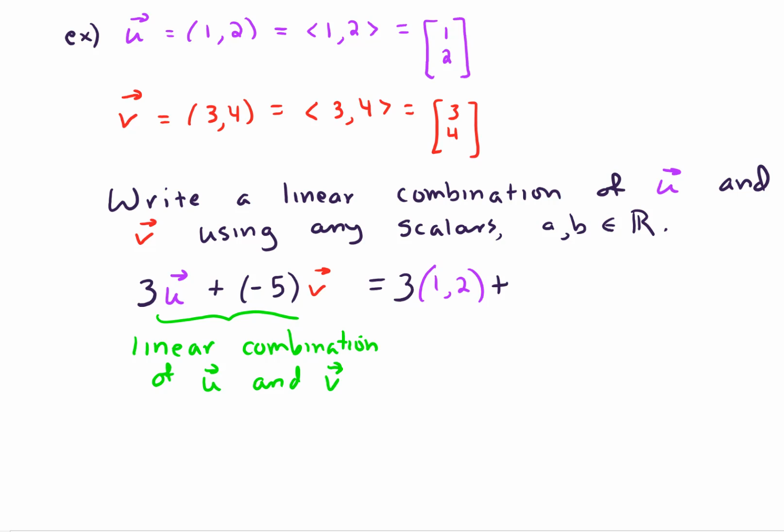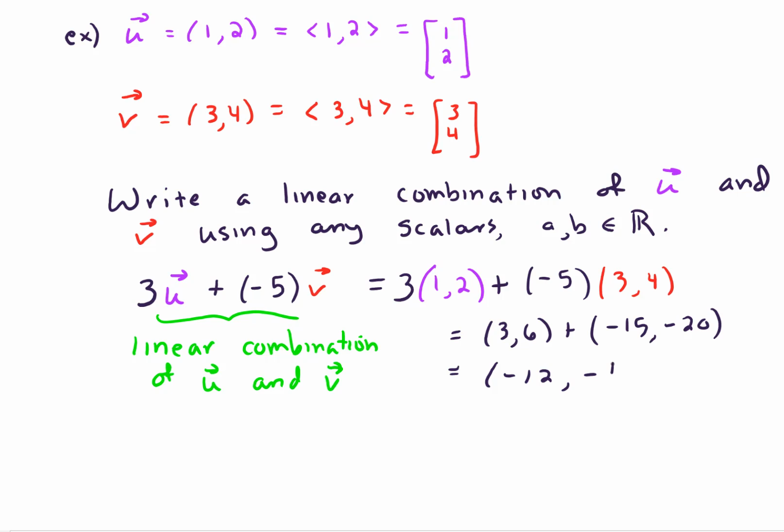And we've got a negative 5 times a vector V, which is 3, 4. If we work this out, we get 3, 6 for the first vector, and for the next vector we get negative 15, negative 20. Now we can do vector addition, add those up, and we get negative 12 and negative 14.